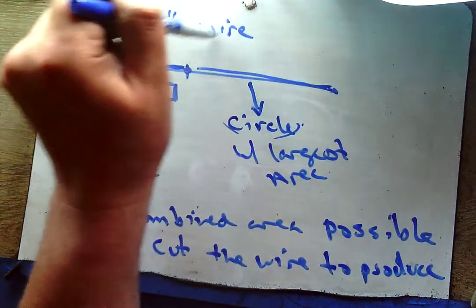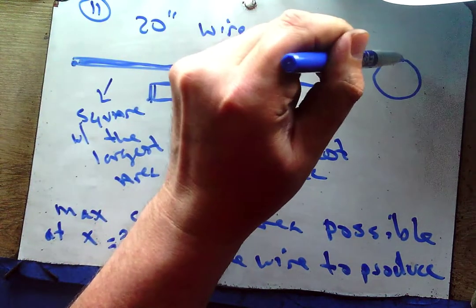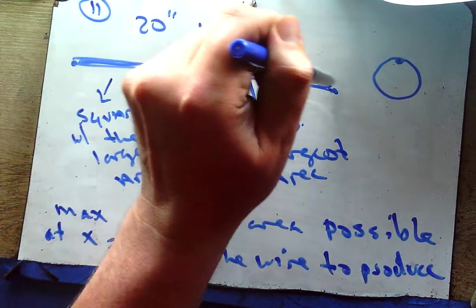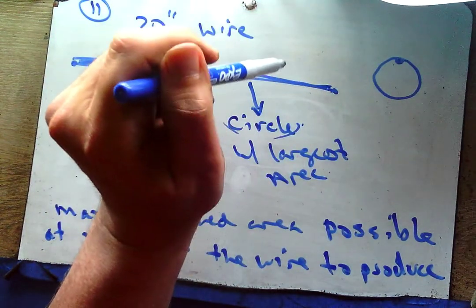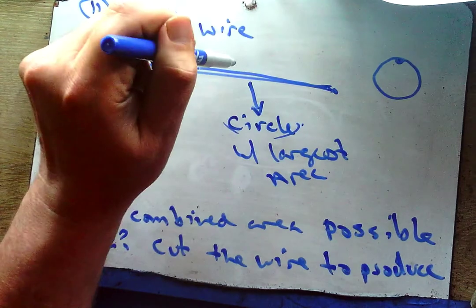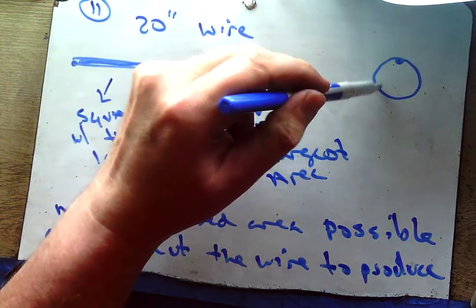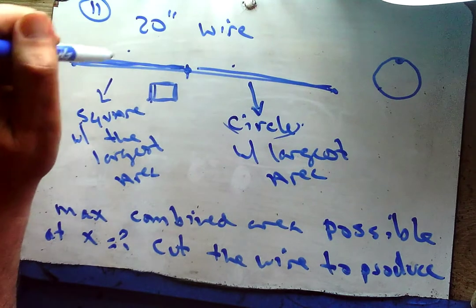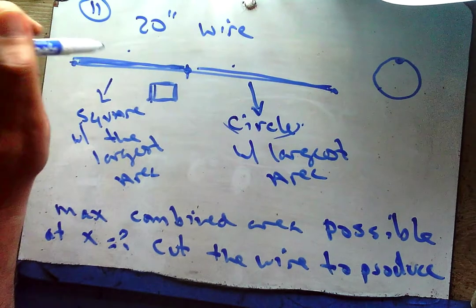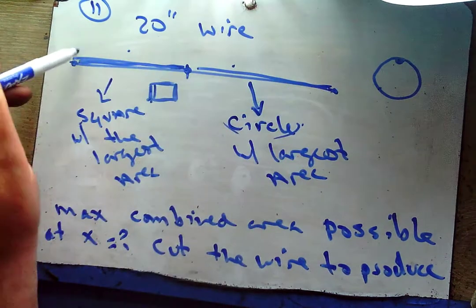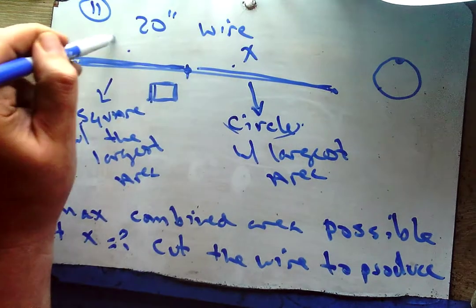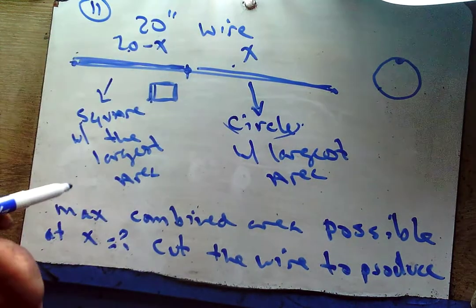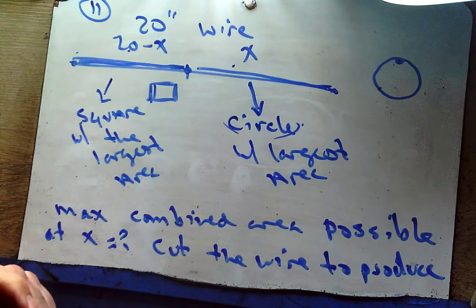So when I take this wire and roll it up, I'm going to get this wire turning into this circle. So that's the circumference of our circle, just like this piece is the perimeter of that square. So here's what I want to say. I want to say this whole thing is 20, and this is x, and this is 20 minus x. You know, some sort of arbitrary cut.